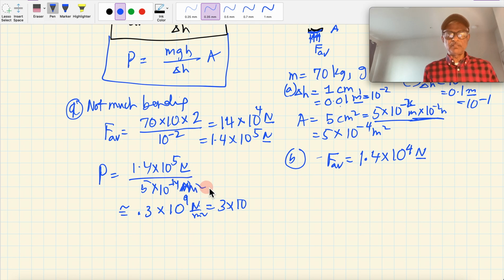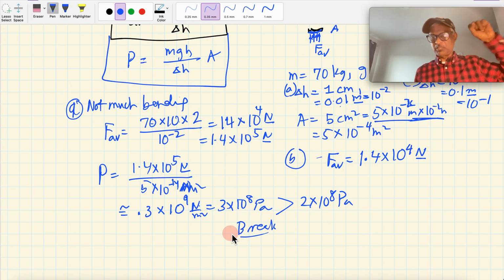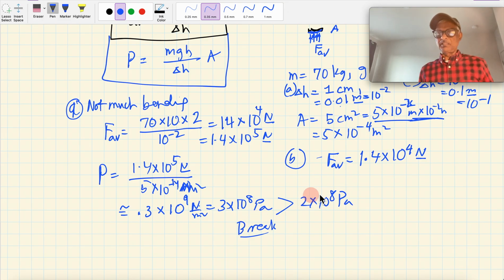This is meter square. 8 Pascal. And of course, it's bigger than 2 times 10 to the power 8 Pascal. And so it will break. And the bone that will break is the ankle. That's the weakest there. That's the most pressure again. It's going to break there.